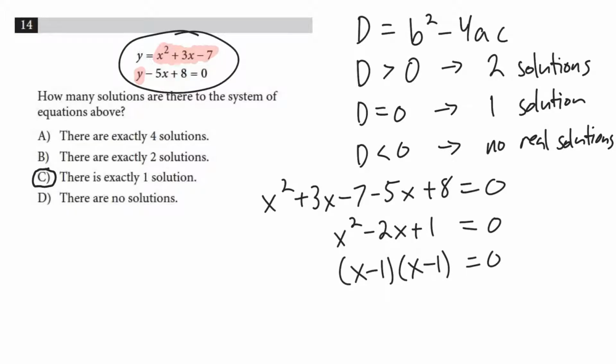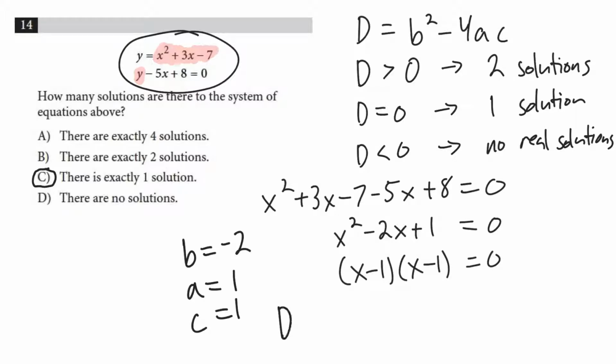However, if we couldn't factor it quite this easily, we could go through and figure out what the discriminant was. So let's take b. b is negative 2, a equals 1, and c equals also 1.